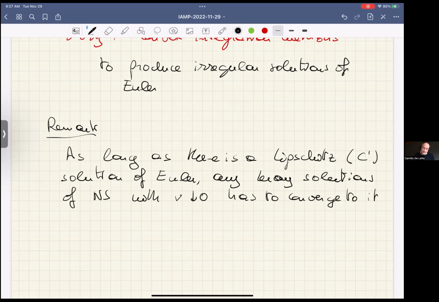So it's even somehow worse than the typical situation in which you are hoping to prove, say, blow up for a PDE, because in most of the situations that we know, the blow up of the PDE is produced at a very small set, maybe at a point, maybe at a slightly larger set, and the singularity itself is well behaved. And you can produce many singular solutions of Euler.